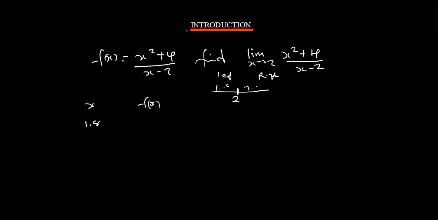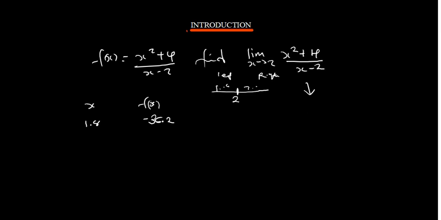We'll say 1.8 squared plus 4 over the same 1.8 minus 2. If you use a calculator properly, just verifying, this will give you negative 36.2. So let's try another number.